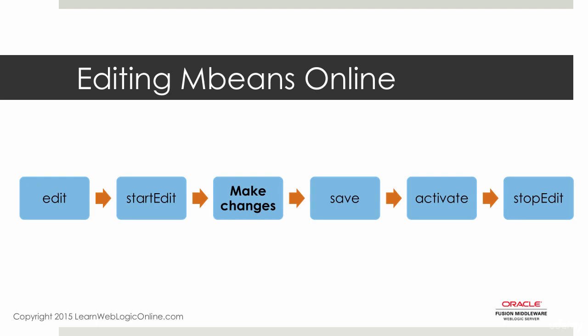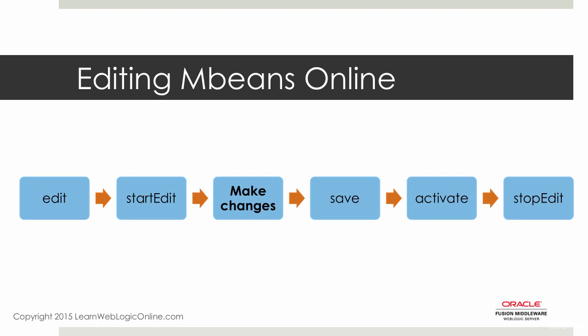WebLogic has this change control center. If you're in production mode, you cannot make a change to a domain until you've obtained an exclusive right to edit that domain. When you're in production mode, the console will have a lock and edit button. You would click that lock and edit button and you would be able to edit that domain.